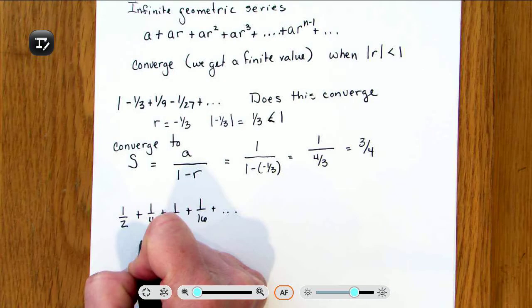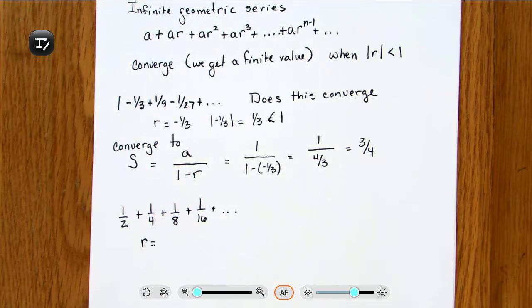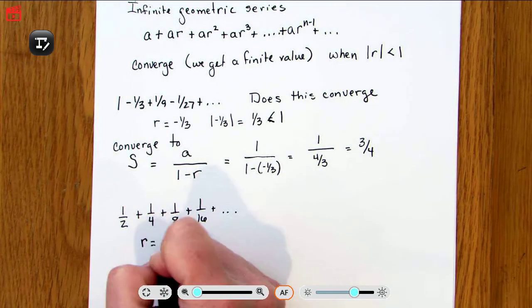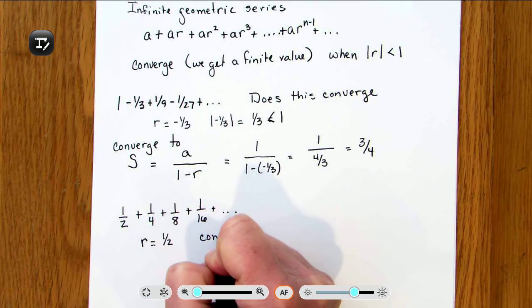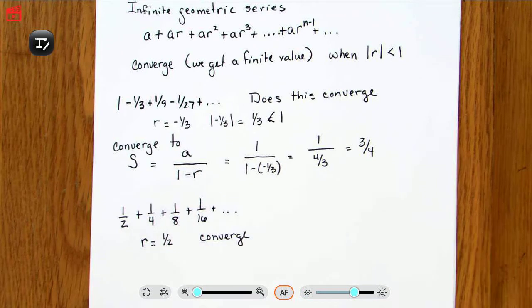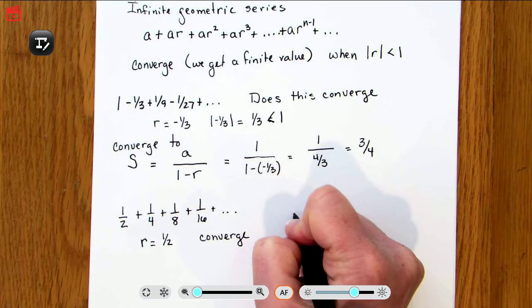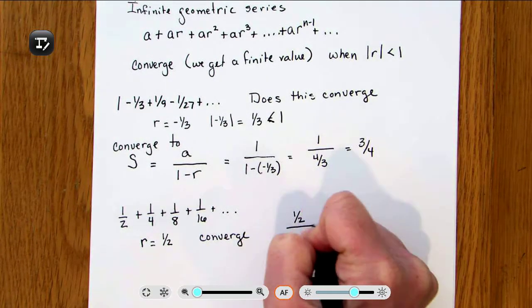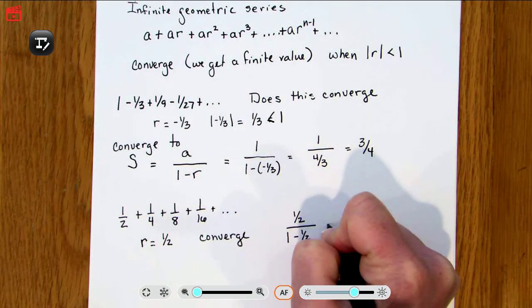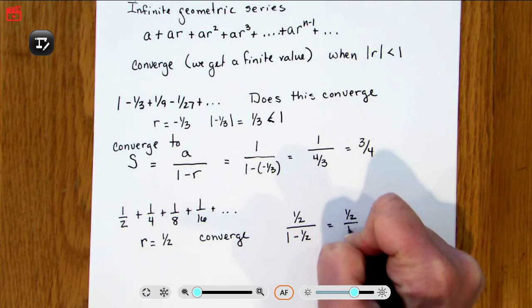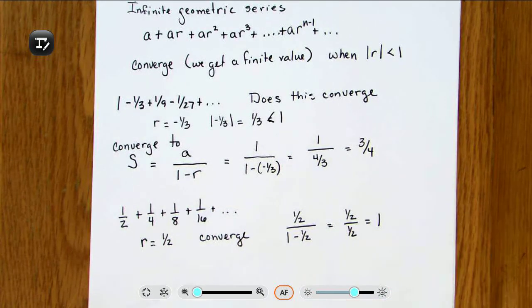Okay, and this one is again a geometric, and that r is a half. So it will converge because that is in absolute value less than 1, and it will converge to that 1/2, our first term, over 1 minus a half, which is a half over a half, which is 1.